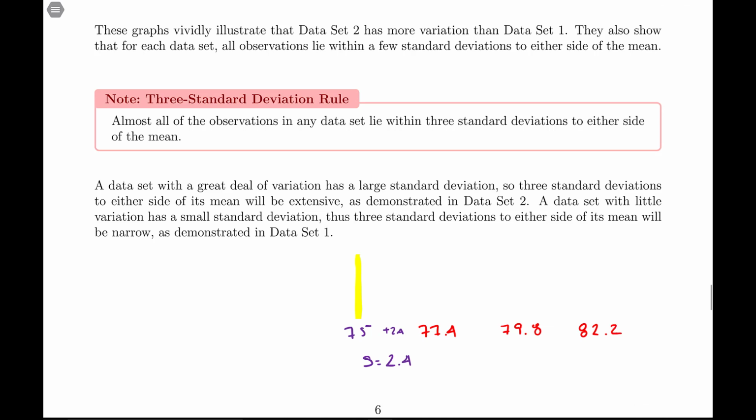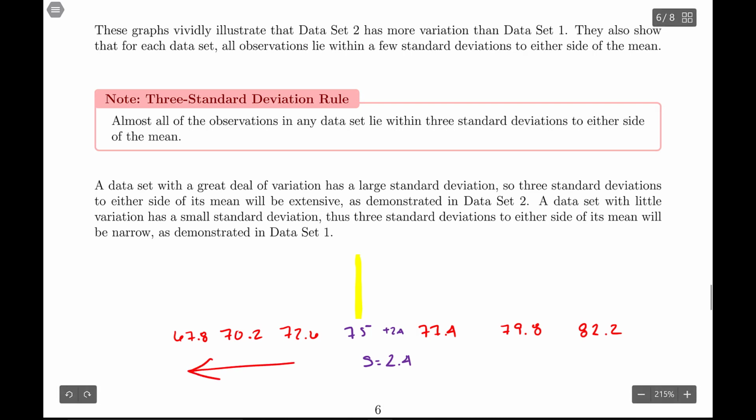And then in the same fashion, we would move 3 standard deviations to the left, so we would subtract 2.4. The first one gives us 72.6. Then we subtract 2.4 again, and we would get 70.2. Subtract 2.4 one more time, and we would get 67.8. So that's 3 standard deviations to the left, 3 standard deviations to the right.